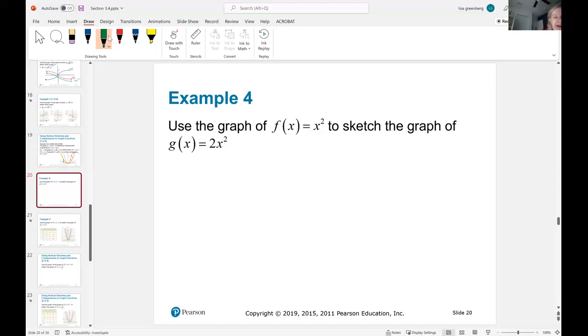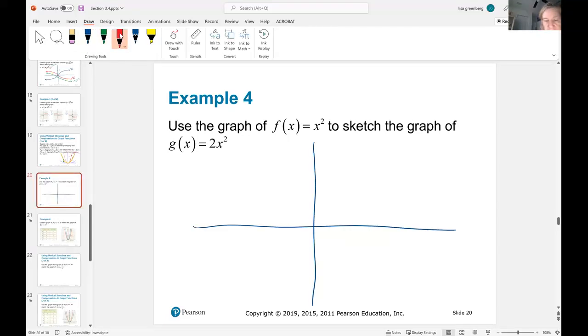So if I were to graph 2x squared, well, first let's graph x squared. Now 2x squared, let's do this. So this is 1, 1, right? And there's a point there, and this would be -1, 1. This is just x squared.